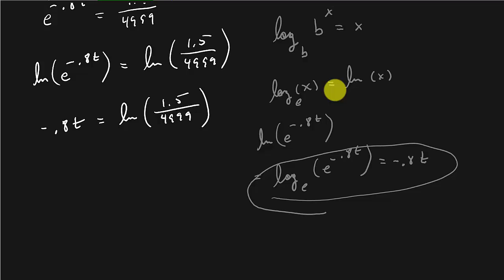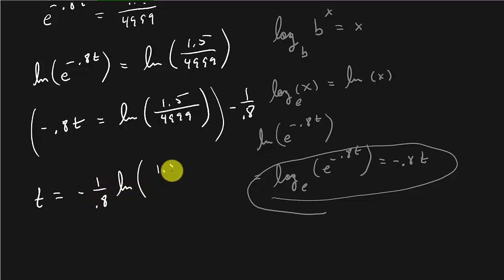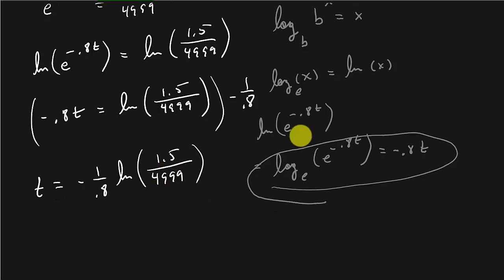All right, and so now we can divide everything by negative 0.8, or we could multiply by negative 1 over 0.8 to cancel this out. It'll cancel out here and leave us with just t, and that's equal to negative 1 over 0.8 times the natural log of 1.5 over 4,999.